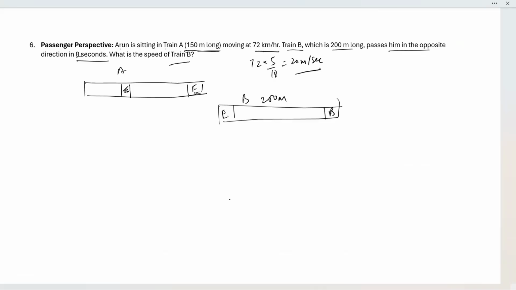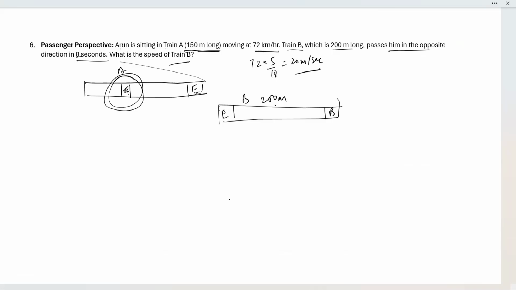Now the question is saying this train crosses Arun in 8 seconds. If you observe carefully, it's not asking the time it takes to cross the train. It is asking the time this train B takes to cross Arun, only this person.